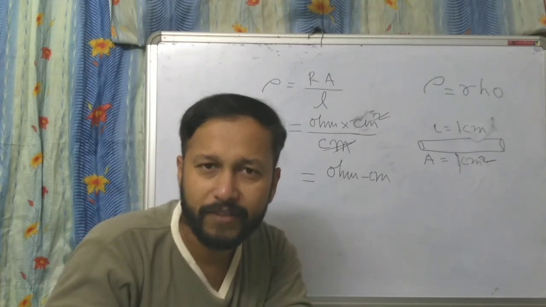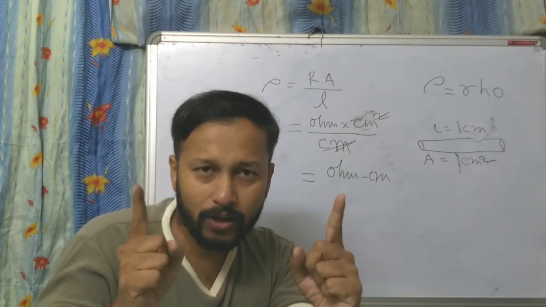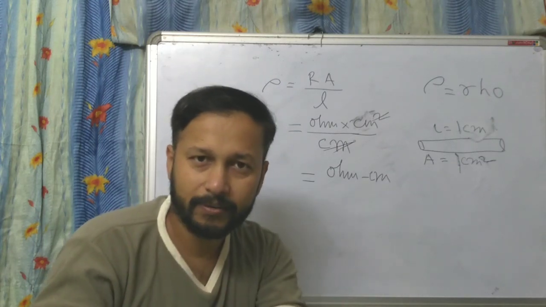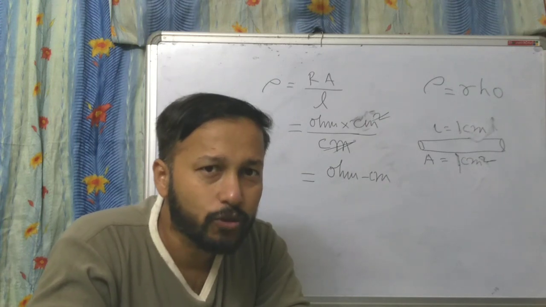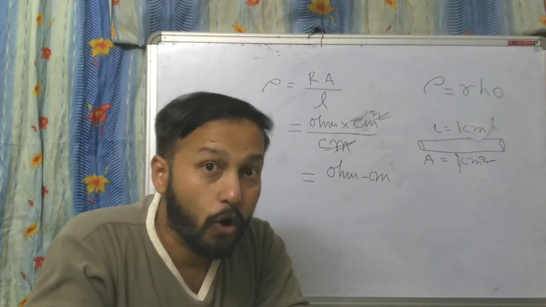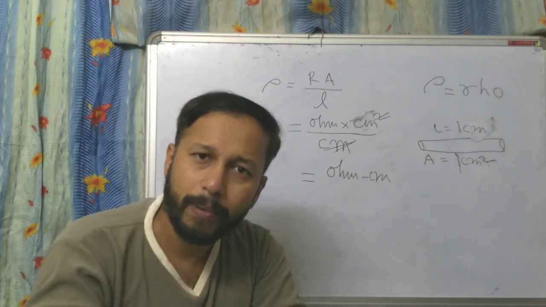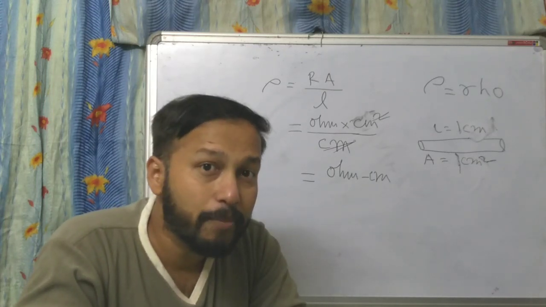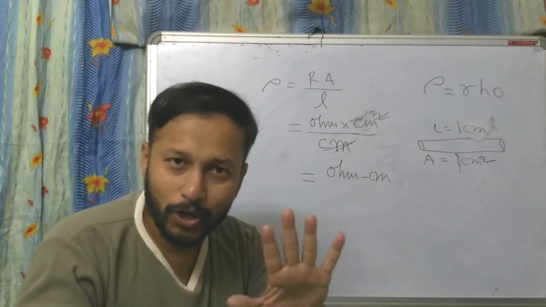As I told you in the beginning of this video, you are taking a wire of length 1 meter. Say you are taking a wire of length 1 meter of copper. Yeah, it's a copper wire you have taken. I am also taking a copper wire, but the length of my wire is 10 meter. You understood my question?